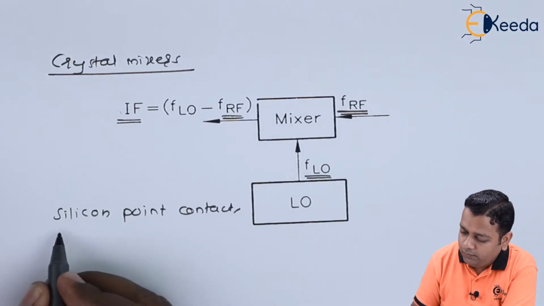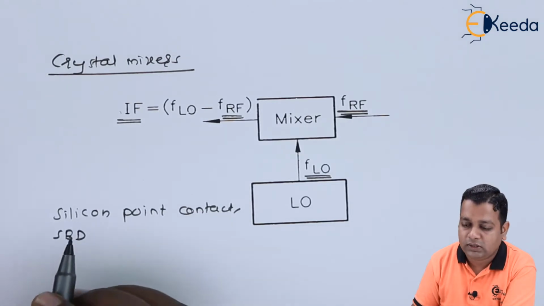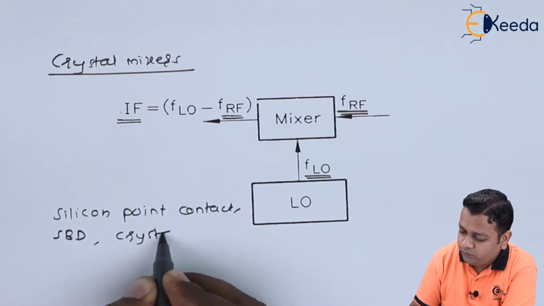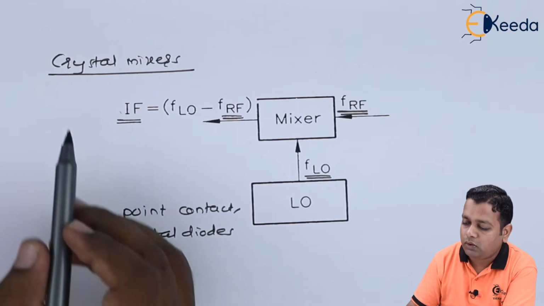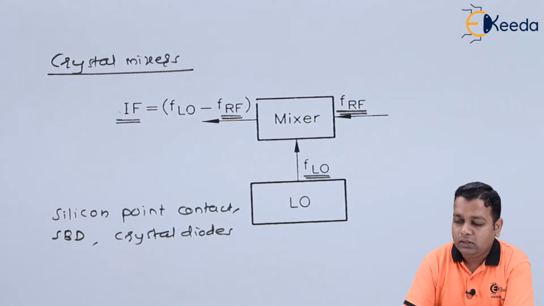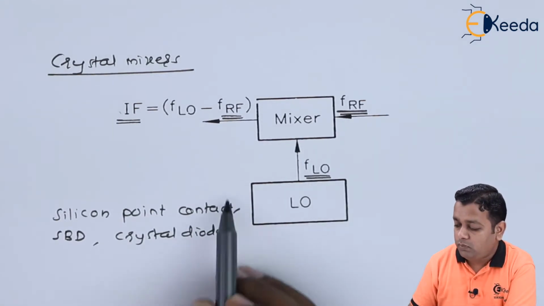Also, the Schottky barrier diode, as discussed in the previous lecture, and crystal diodes are there for the crystal type of mixers. Now you can see here, along with the mixer, the local oscillator is the integrated block.